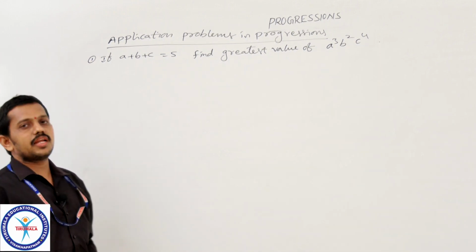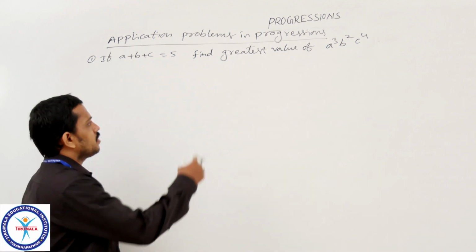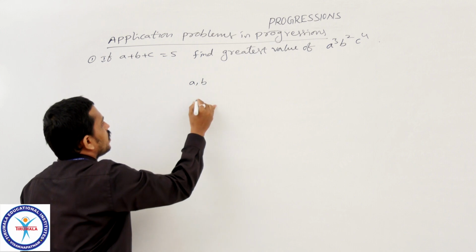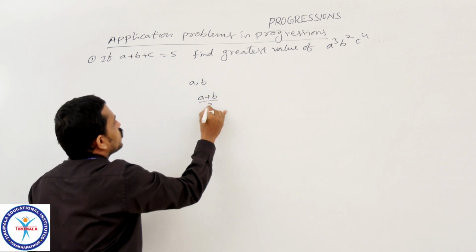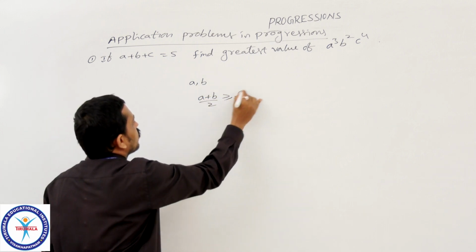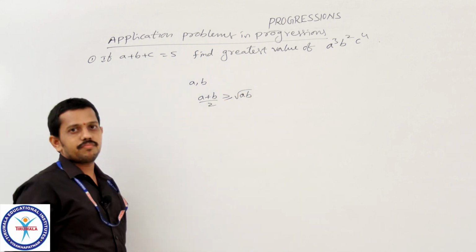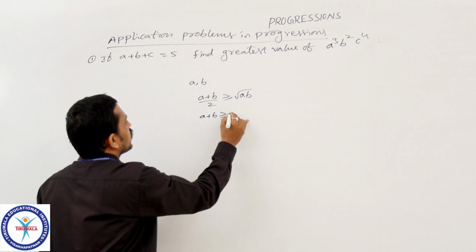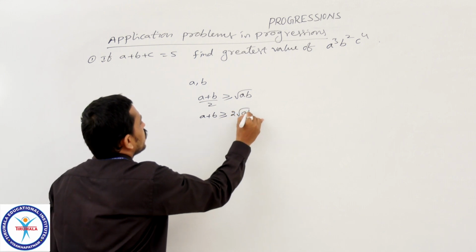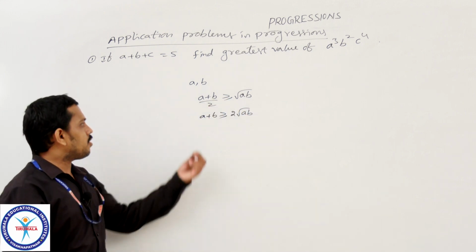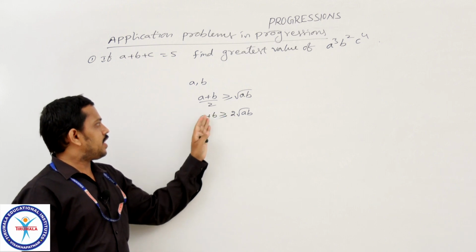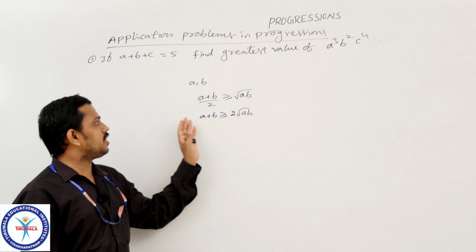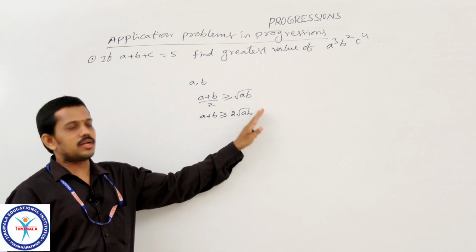Students, we know that the relation between AM and GM for any two real positive numbers a, b: (a plus b) by 2 is always greater than or equal to root ab. Means a plus b is greater than or equal to 2 root ab. Suppose here we have two terms, the left side of the inequality and the right side of the inequality.